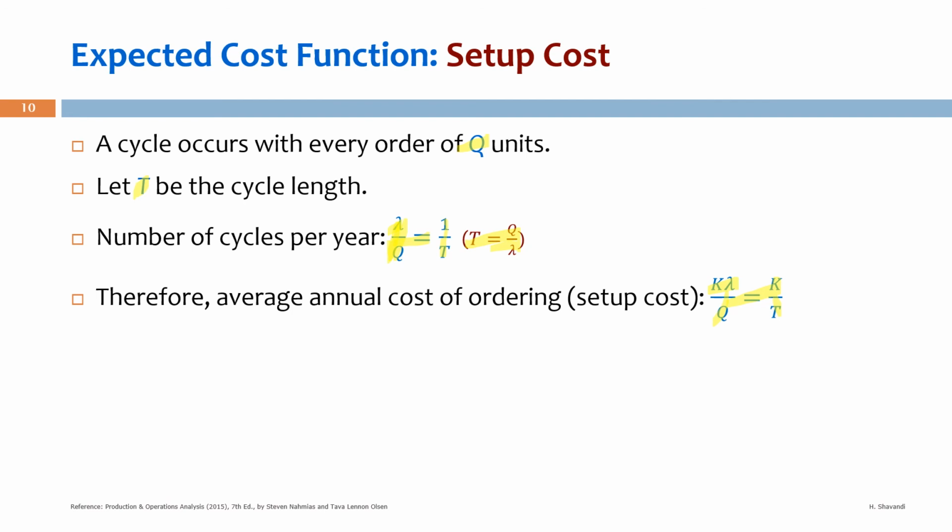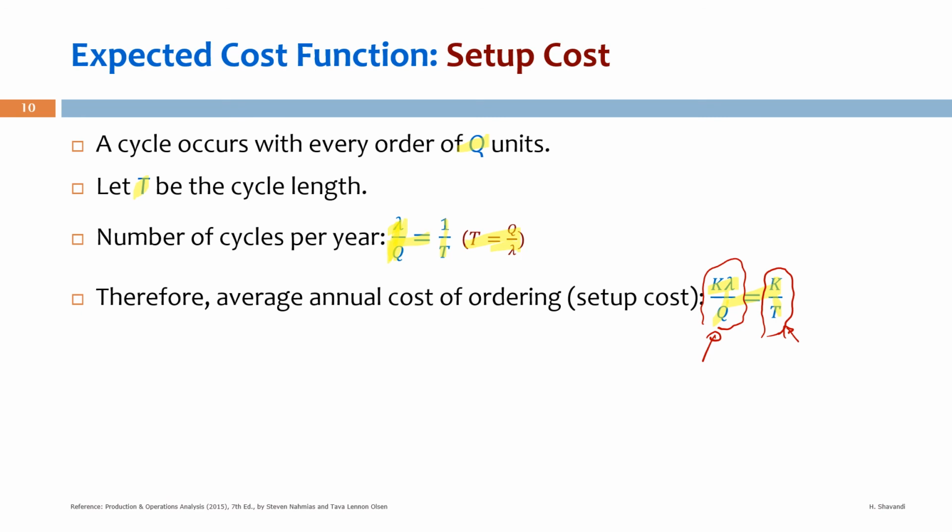Because if we are going to formulate our problem in terms of Q, the quantity for ordering, then we will use the term K times lambda over Q. But if we are going to formulate the problem in terms of the cycle length, then our decision variable becomes T instead of Q, and we will use this term in our objective function.